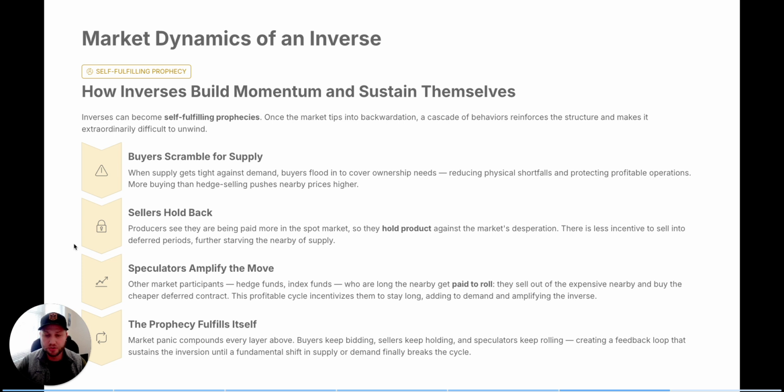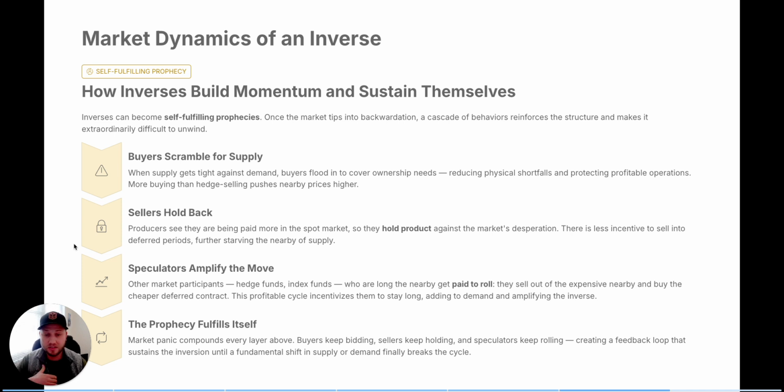They want to reduce any physical risk or shortfall that they have, and at the same time want to be protecting any profitable operations. So what ends up happening is they're buying more, or they're out there buying the hedges, right? Futures to hedge against rising prices. So they're also buying the futures that pushes prices up.